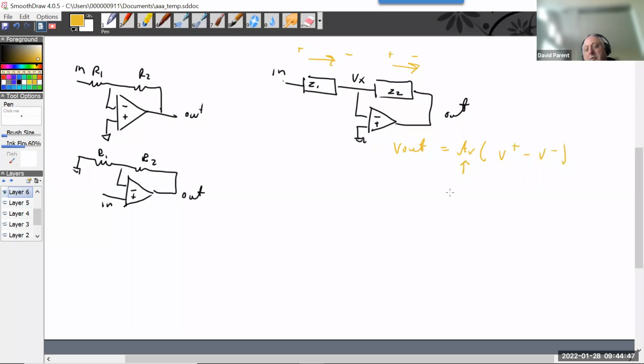Now this will be an important thing in 110. I know usually we think of it as infinity, but to derive it properly, you have to let it go to infinity. You can't just say it's infinity. Because this is a behavioral voltage source, there's only one unknown here, right? So we have V in, so we have IZ1 equal to IZ2.